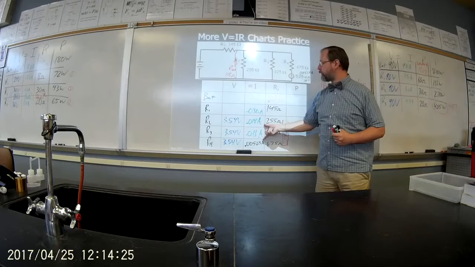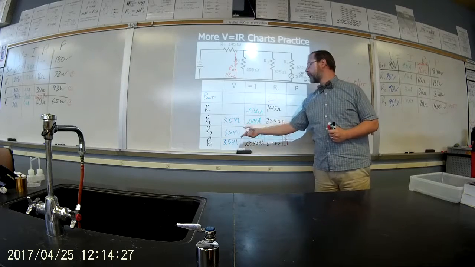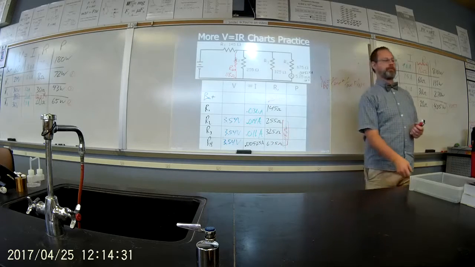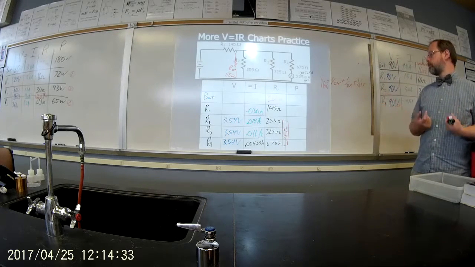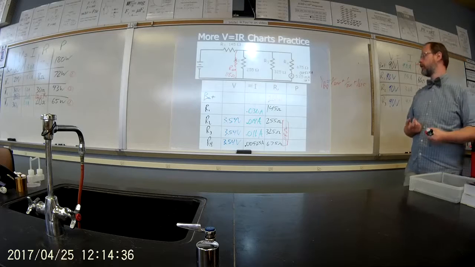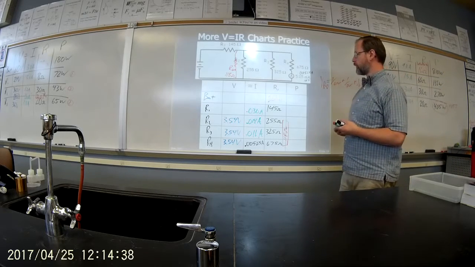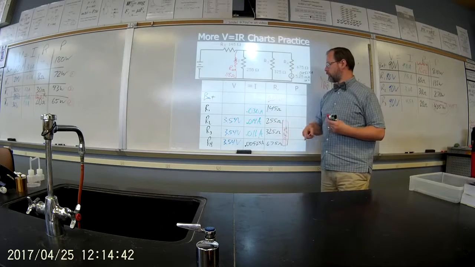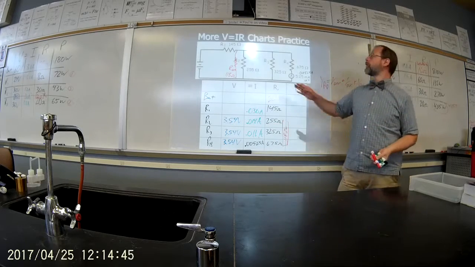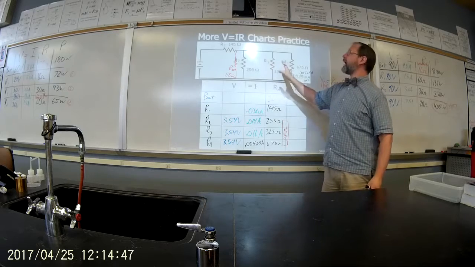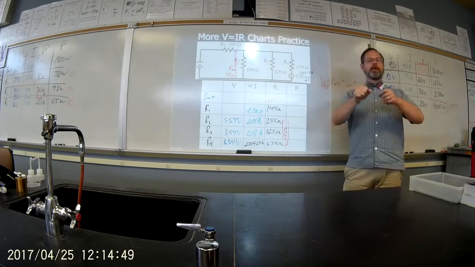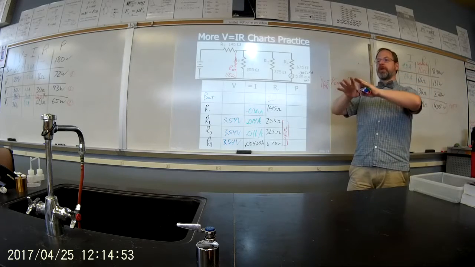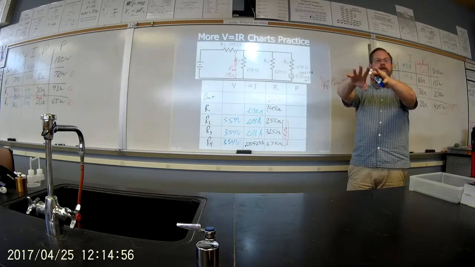So if I wanted to do a virtual box here and a virtual box here, then the current would be the sum of these. I didn't because I didn't need to, but you can totally do that. Because whatever current was in R2, R3, and R4 had to come from R1. It's like the road split into 3 pieces, then came back together. All the traffic on the road split into 3 paths, and then came back together again.